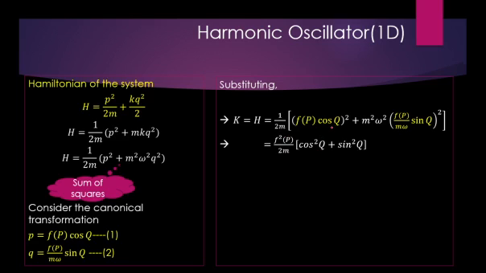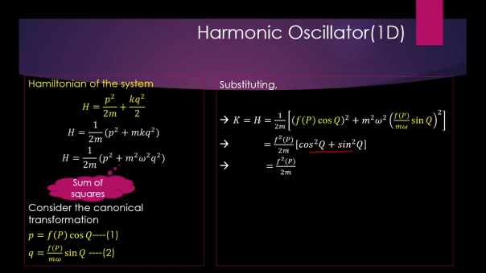Remaining is cos square Q from the first term, and from the second term m square omega square will cancel off and the remaining is sin square Q. Here you can see it is just a trigonometric relation, cos square Q plus sin square Q is 1. So we end up with a relation which depends only on capital P. Capital Q has been omitted.